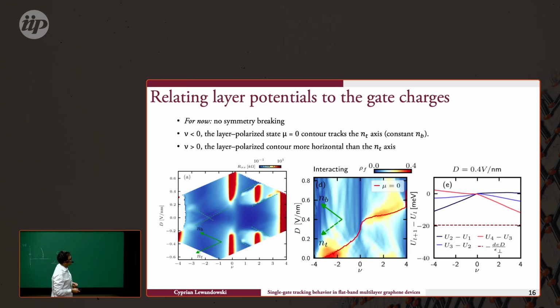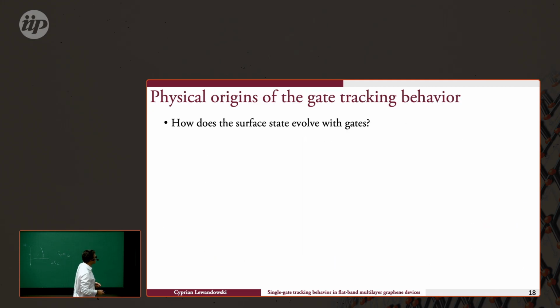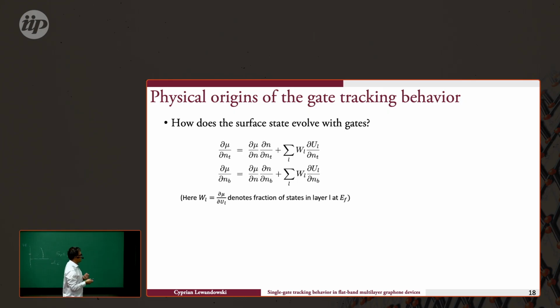So I would like to now develop some analytic intuition for what I am actually seeing. So if I ask how does the energetic location in the spectrum of the band of my surface state evolve with the gates? I can write the chain rule.